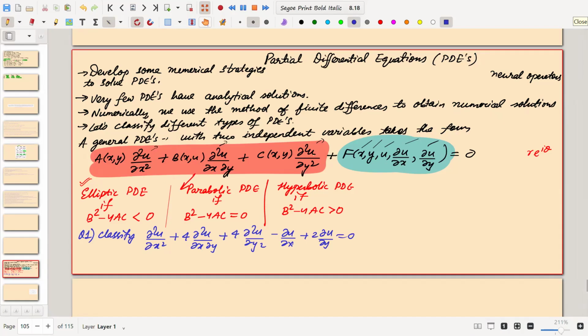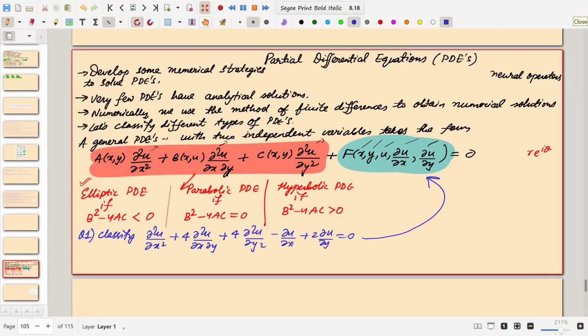Can you classify this PDE? You just have to find what A, B, C are, and all other things you keep on the right as F. So try to put this equation in this frame, find A, B, C, and then determine the sign of b square minus 4ac.